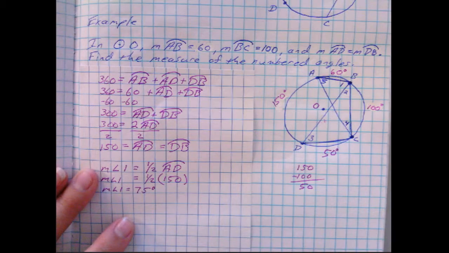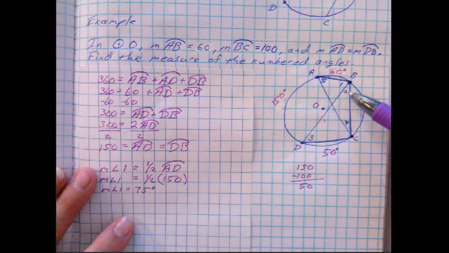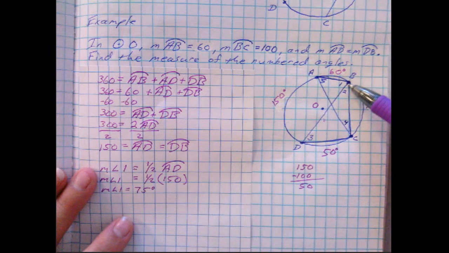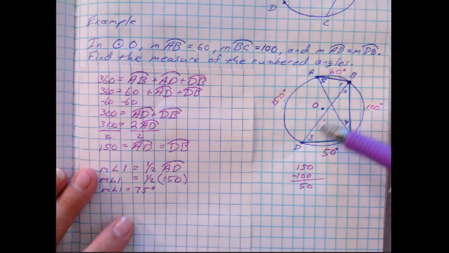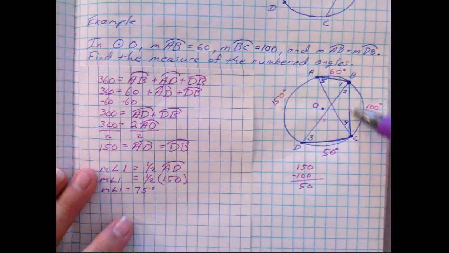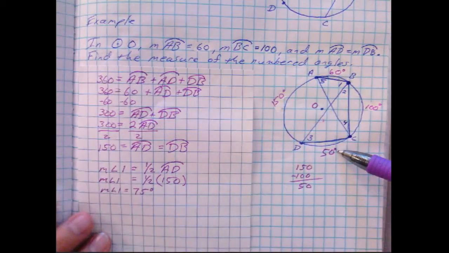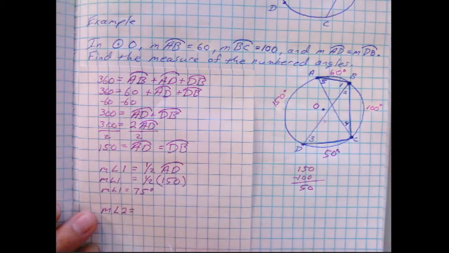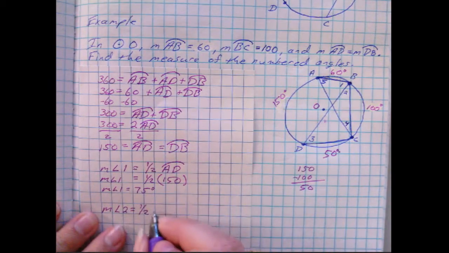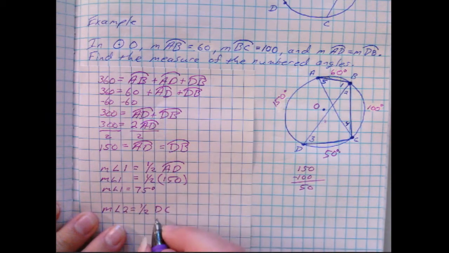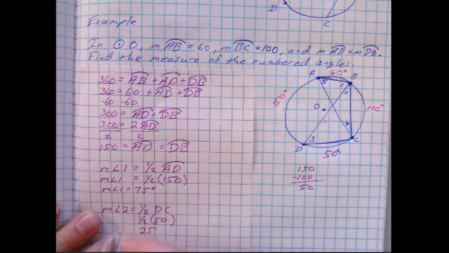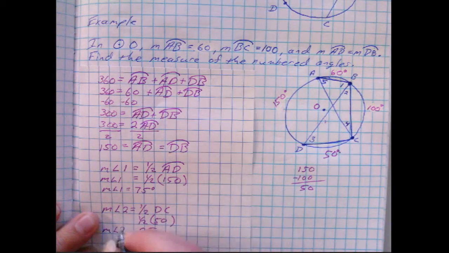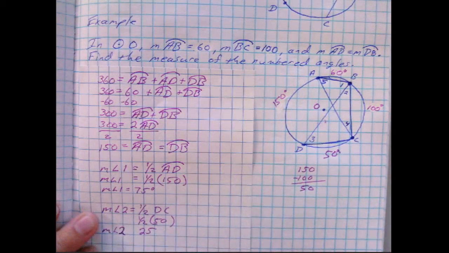So then the next one I'm going to look at is number 2. So for this one I have an inscribed angle again. Now I'm looking at the arc goes from D to C, so that's this one. Again, my angle is going to be half. So the measure of angle 2 equals half of DC, and we know DC is 50, so it's half of that, which is 25. So the measure of angle 2 is 25 degrees.